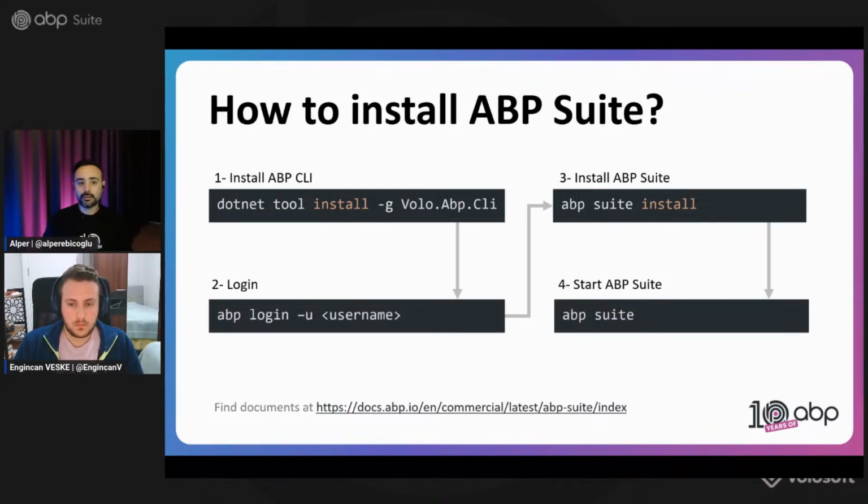It will install ABP Suite. And finally, run ABP Suite by just typing abp suite in your shell or bash terminal. And if you want to find more information about how to do this and code creation, you can check out the documents you see on the screen.